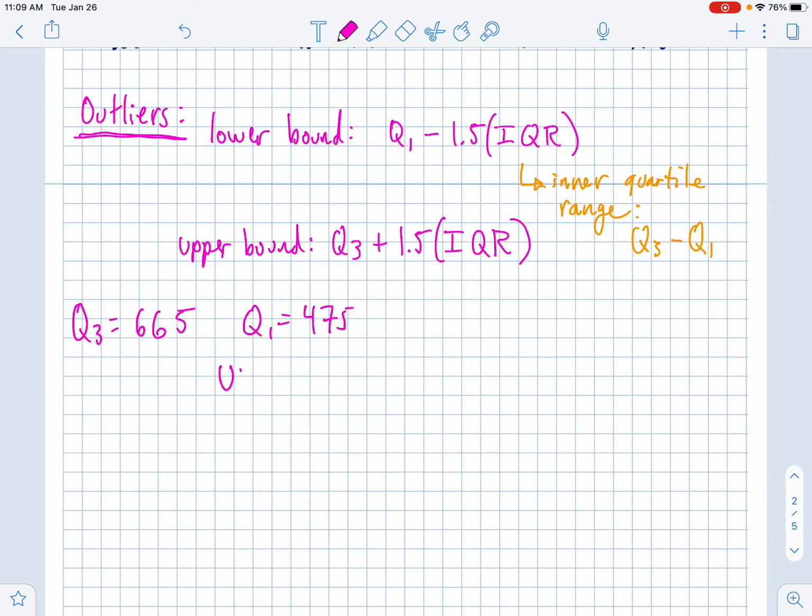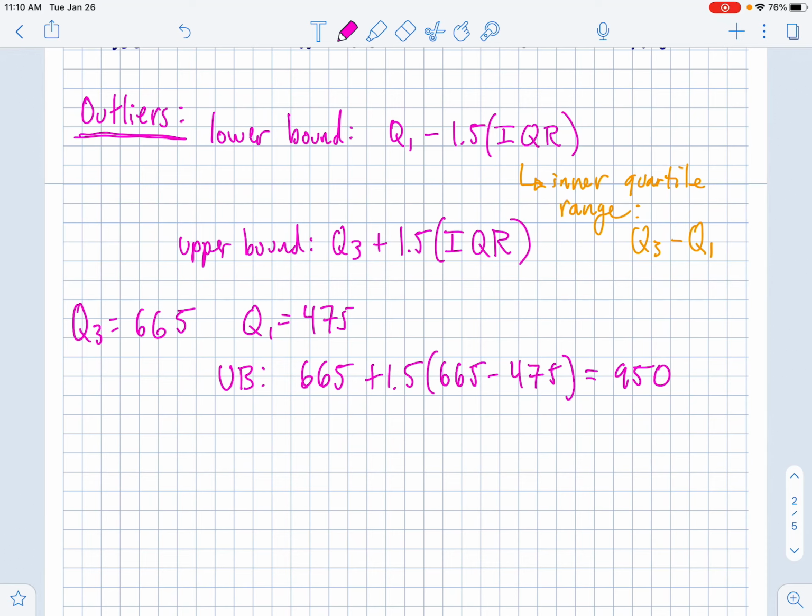So the upper bound, which I'll just call the UB, would be Q3, which is 665, plus 1.5 times the inner quartile range. Now the inner quartile range is the third quartile minus the first quartile. So if I grab a calculator and do 665 plus 1.5 times the inner quartile range, which is 665 minus 475, I get 950.